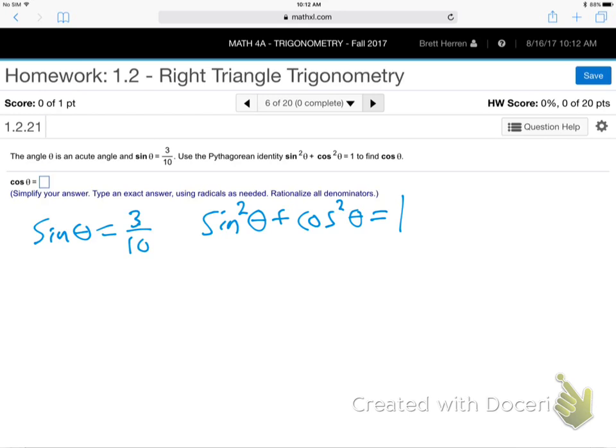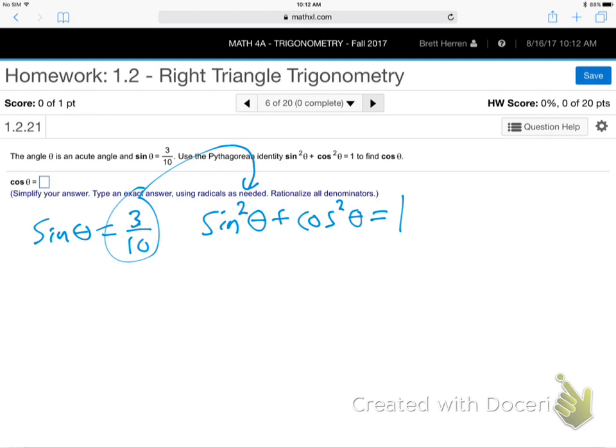So we'll just take it blindly right now. Sine squared plus cosine squared is 1. They're giving it to me, and they're telling me the sine is 3/10. So I'm going to take that and plug it in right there. I know you're getting a whole bunch of lingo dumped on you real quick. When they put the 2 power kind of in the middle, is that weird to look at?